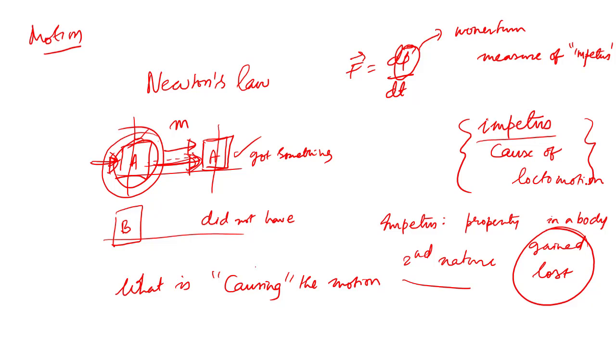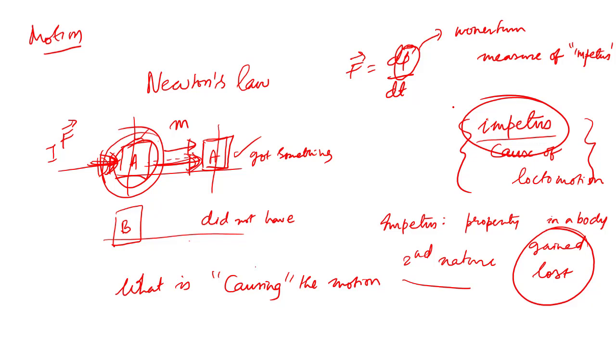But where did this impetus come from? This impetus, this push on the ice cube, did not come from nowhere. I pushed it, right? So there is a force that was applied by me, and that force led to a change of impetus.